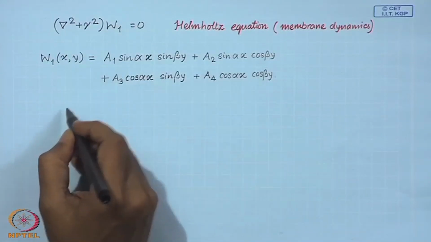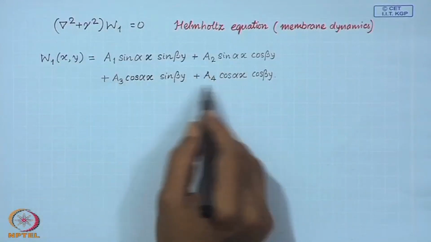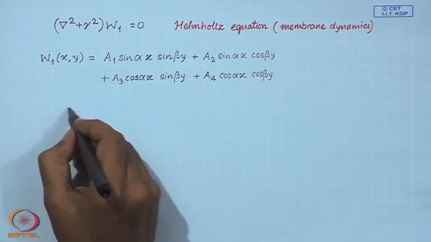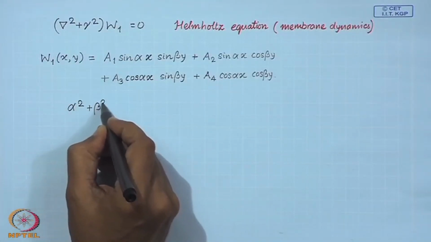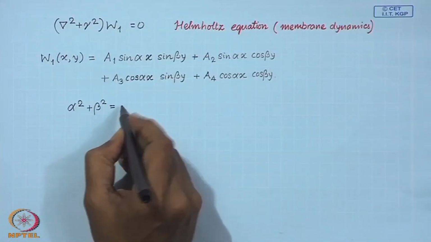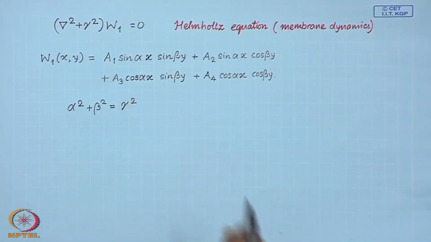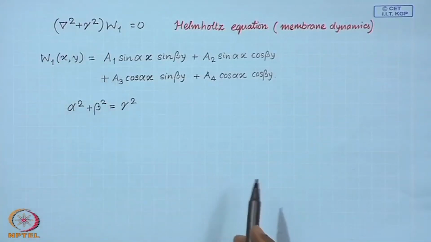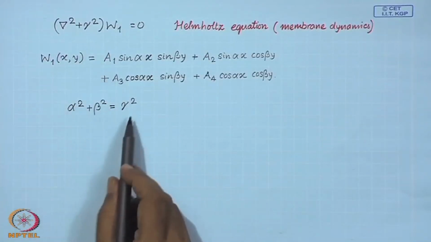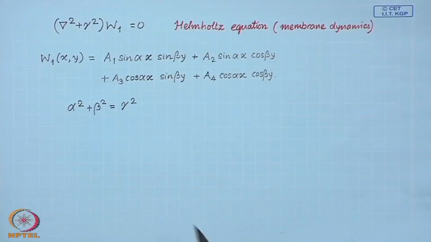Now, where this alpha and beta satisfy the condition that alpha square plus beta square must be equal to this gamma square. So, this we have already discussed.